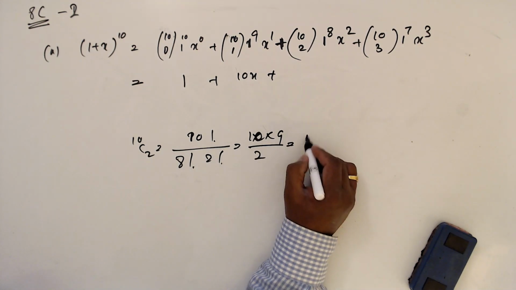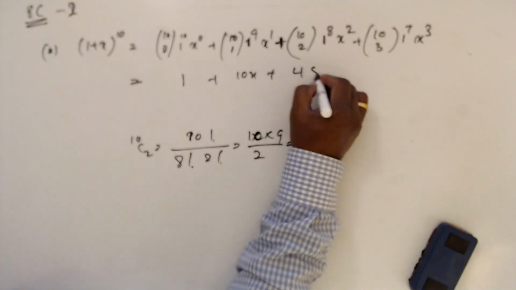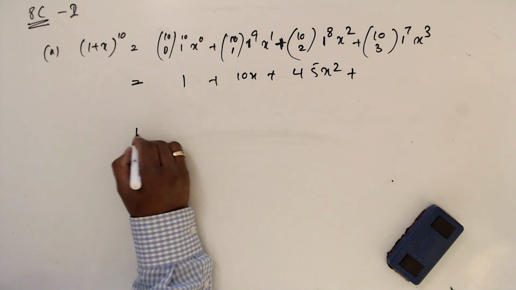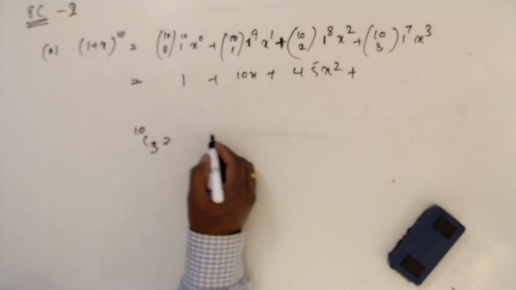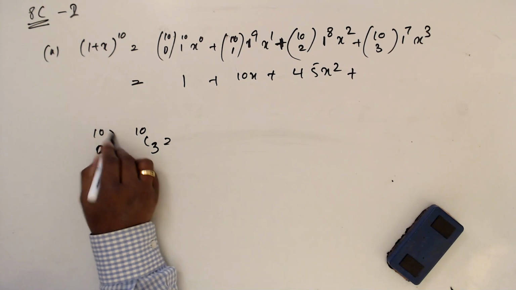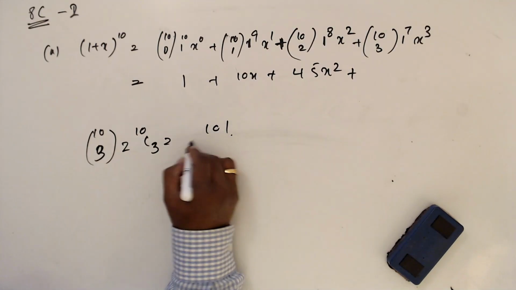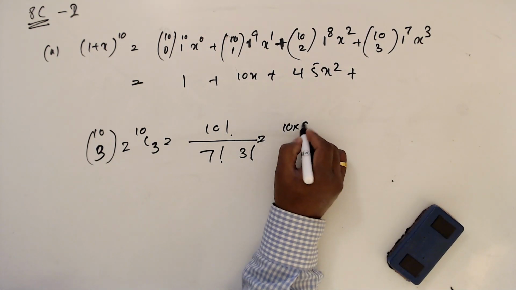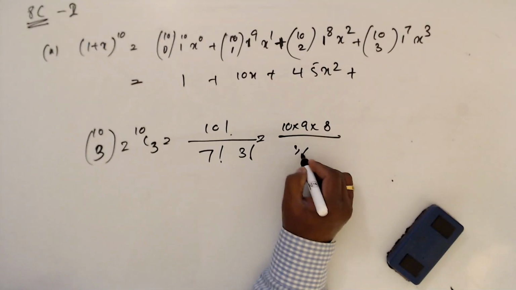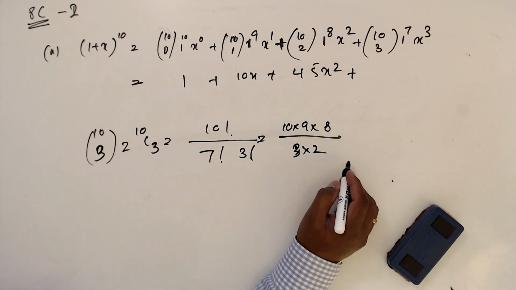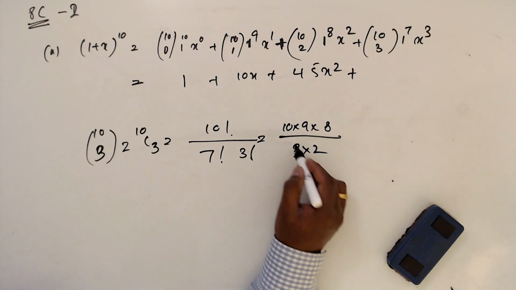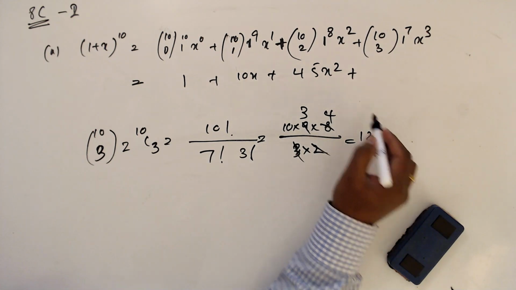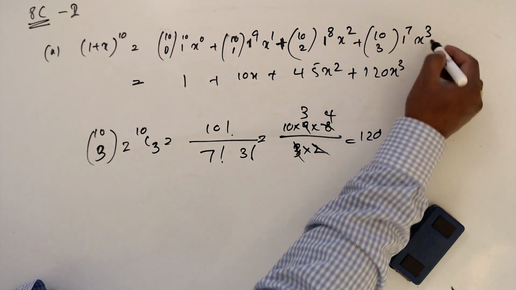This is going to be 45. 45 x squared plus 10C3, which is 10 factorial over 3 factorial 7 factorial. That means 10 times 9 times 8 over 3 times 2. Then this is 3 times 3, and this is 120 x cubed.